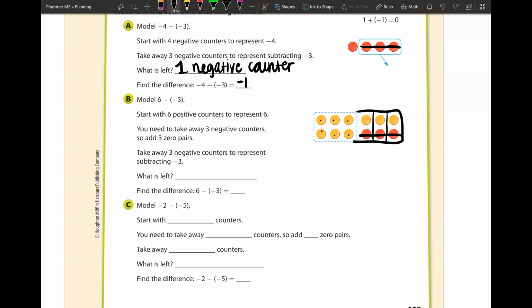What is left? 9 yellow counters. This is 9 positive counters. 6 plus 3 is 9. So my answer, my difference is 9.